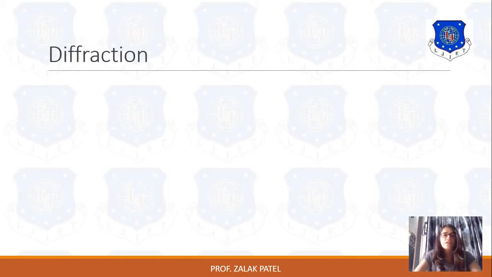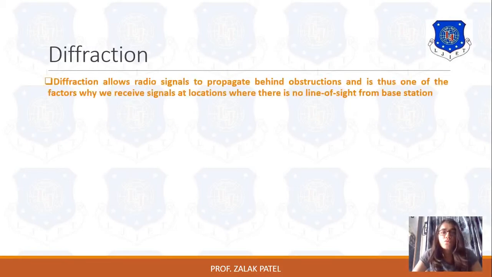Next is diffraction. Diffraction is nothing but when the traveling wave is obstructed by sharp edges, then diffraction occurs. So as I discussed, diffraction allows the radio signal to propagate behind obstruction, and thus is one of the factors why we receive signals at a location when there is no clear line of sight.